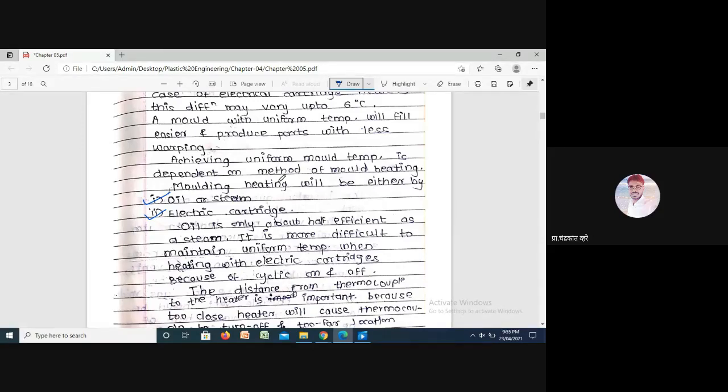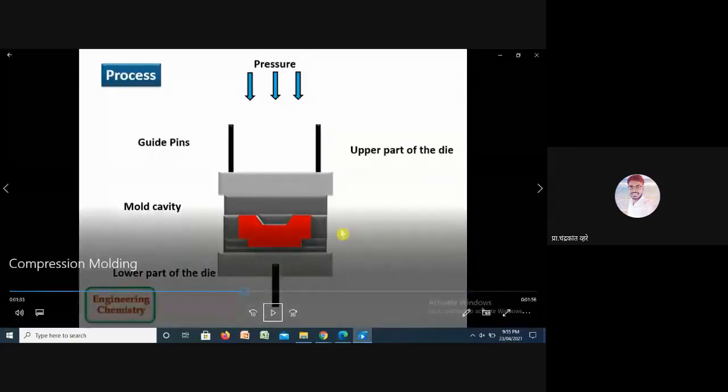By using electrical heating, we can get the temperature difference within 6 degrees Celsius.